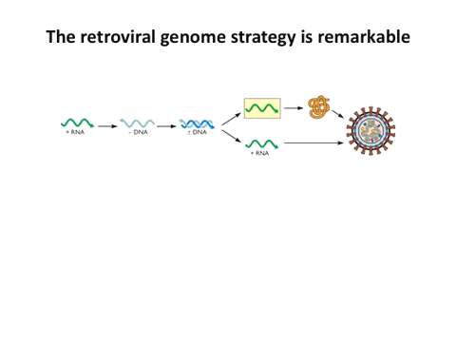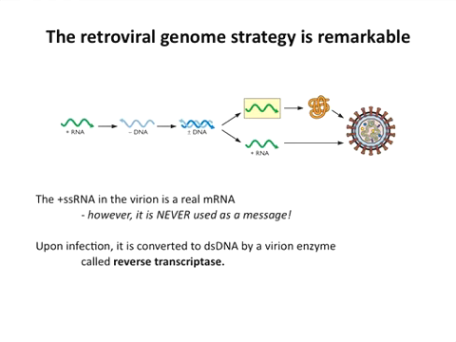And then from the DNA, the virus can make mRNA for proteins, and it can make RNA, which is a new genome. Right? That's that genome that started out. It can make new copies of this. And these two are not the same. So this is not an mRNA, even though it's a plus-stranded RNA. I just said it's not an mRNA, but now I'm contradicting myself.